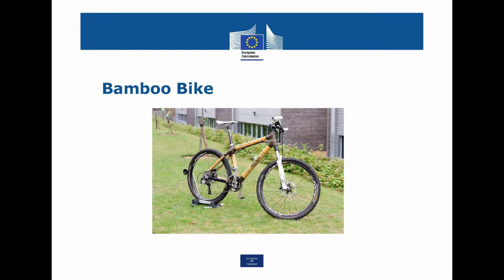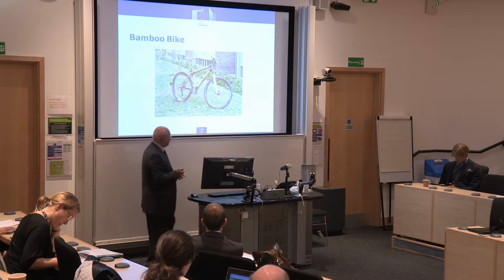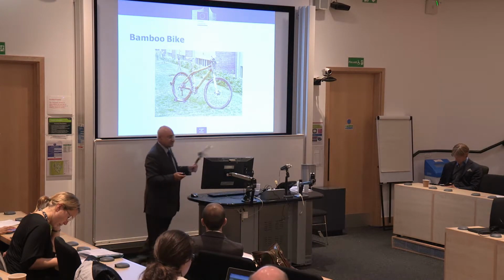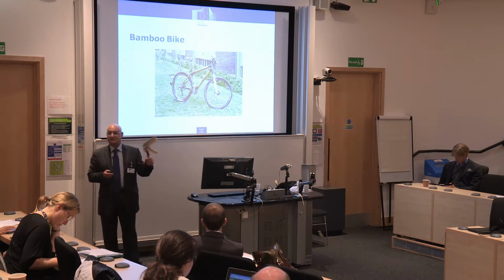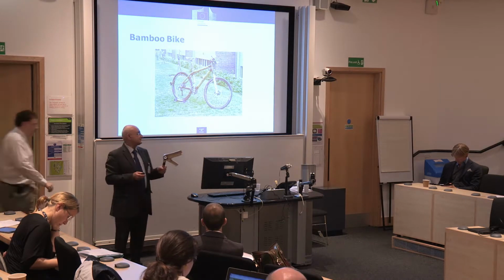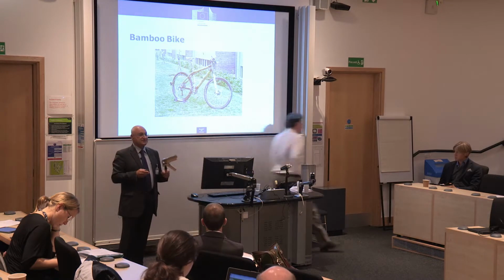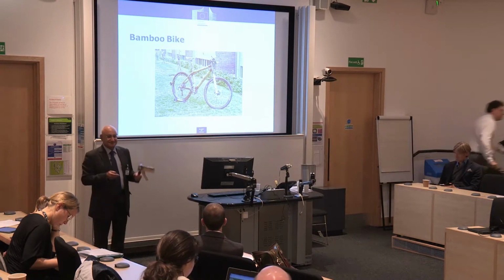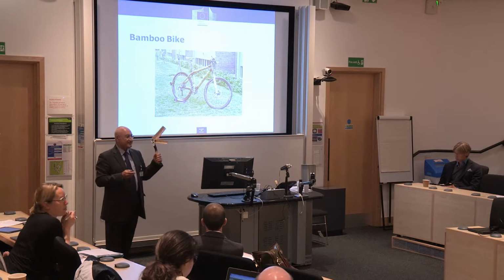And the bamboo bike. I think you all saw this yesterday. It's been mentioned a couple of times. It was the result of, can't see, is James here? No, the inventors were here earlier, but they've probably gone now.